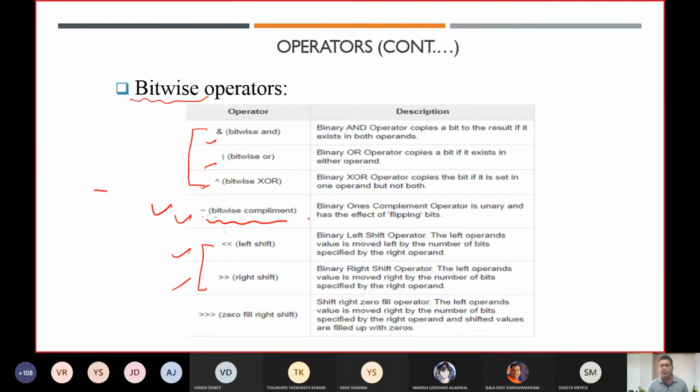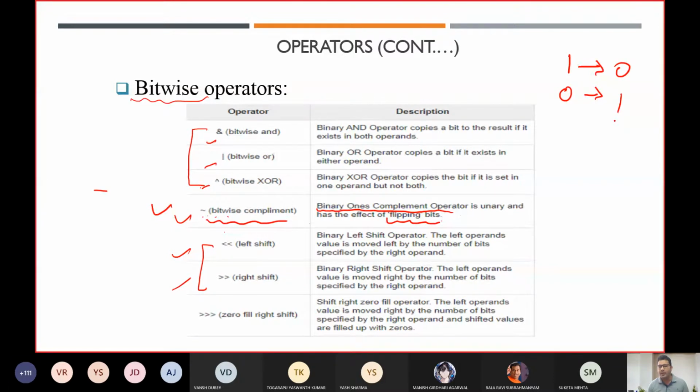As I told you, the bitwise complement operator is also known as the binary ones complement operator. Over there we are just flipping bits: if you have 1, it becomes 0, and if you have 0, it becomes 1.